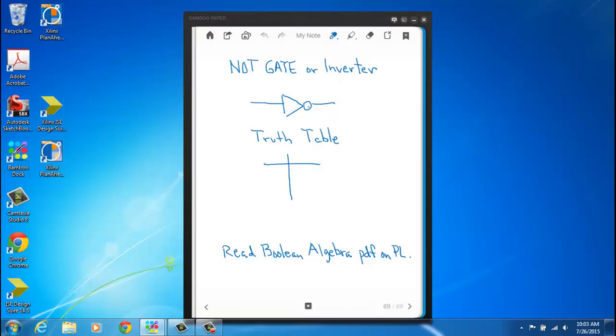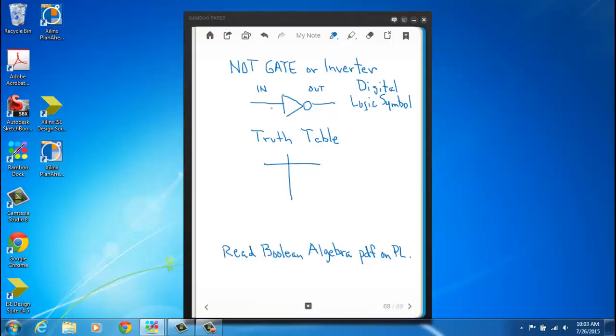And here's the logic symbol. Okay, this is the digital logic symbol for an inverter or Not Gate. It's just a triangle with a circle. This is the input side. This is the output side. And often, well in fact all the time with digital circuits, we use what's called truth tables instead of tables that show the voltage levels.